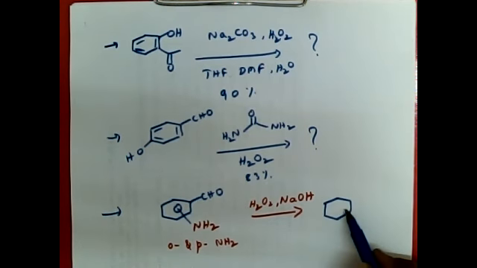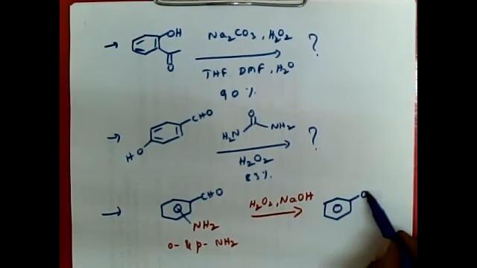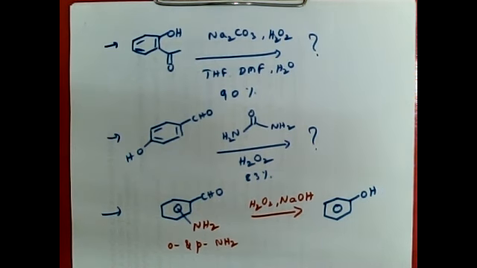So that means here also what we will get is OH in place of carbonyl. So not only orthohydroxy and para-hydroxy benzaldehyde groups, but it is also possible to have Dakin reaction with the orthoaminobenzaldehyde or para-aminobenzaldehyde.